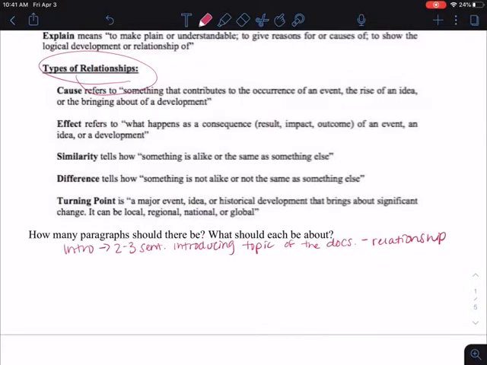That introduction is to really say, this is what I'm going to talk about in this short essay. It's going to be very quick, very concise. We want to make sure that it's just a couple sentences. 3 really is the max here. You're not writing a whole paragraph. Remember, this is very time sensitive.